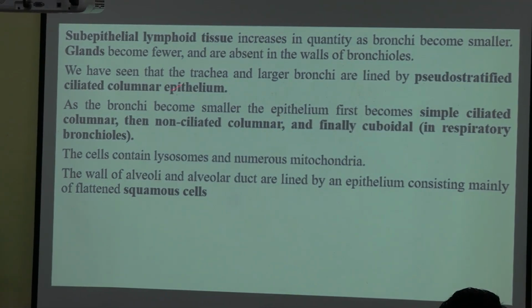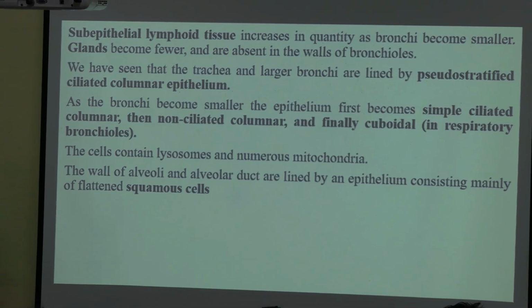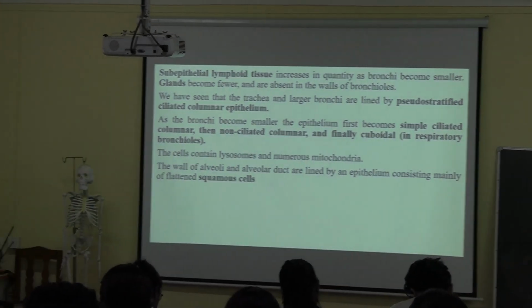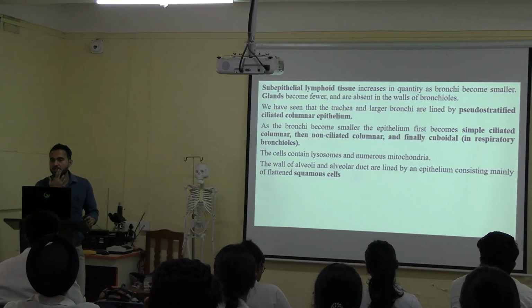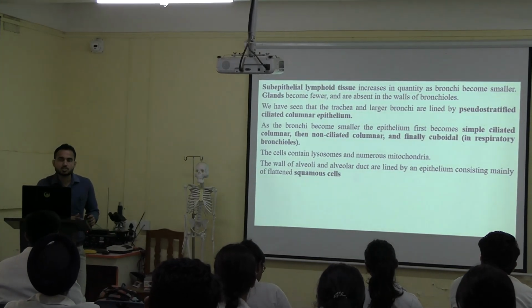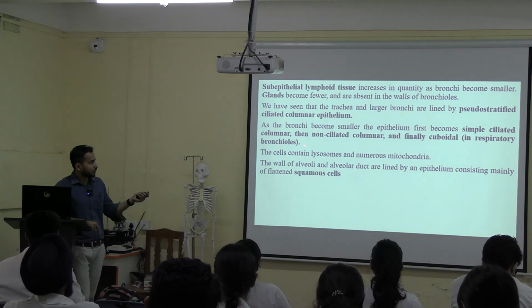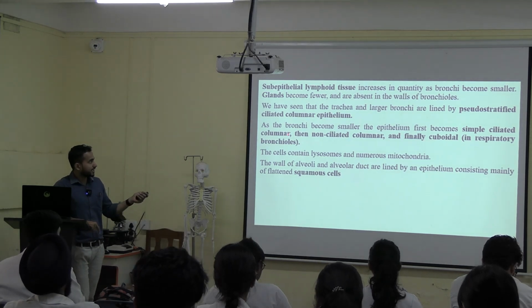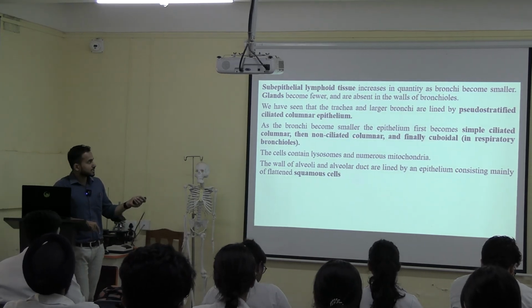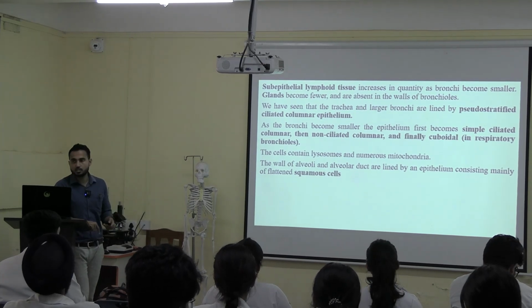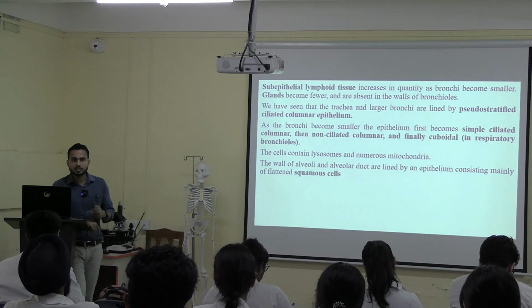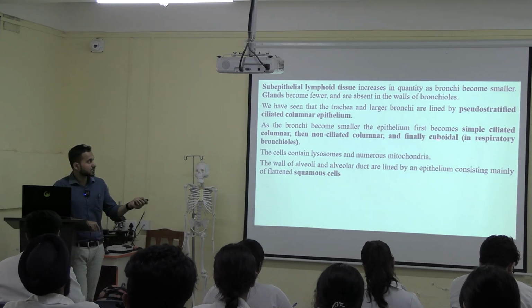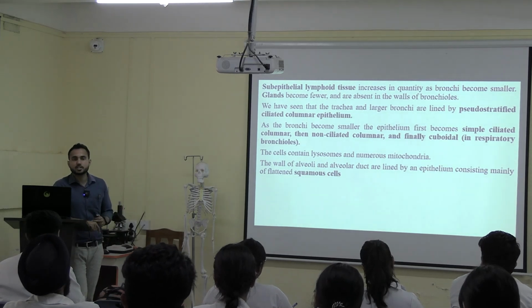Next, the lining epithelium also changes. Now, what are the changes taking place in the lining epithelium? We know that in trachea, the lining epithelium is pseudostratified ciliated columnar epithelium, also called respiratory epithelium. Next, if you go to the smaller ones, first it will be simple ciliated columnar, then non-ciliated columnar, and finally cuboidal. So if you go to the respiratory bronchiole or terminal bronchiole, the lining epithelium is simple cuboidal epithelium.